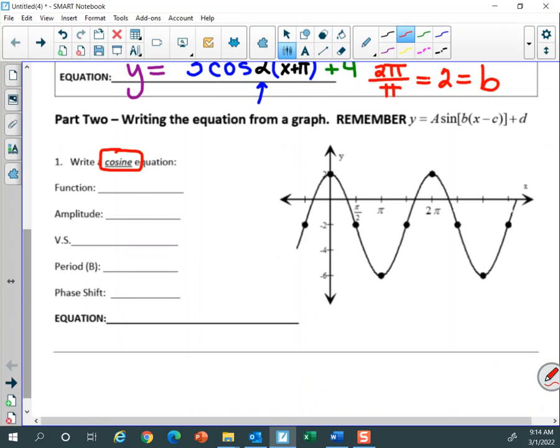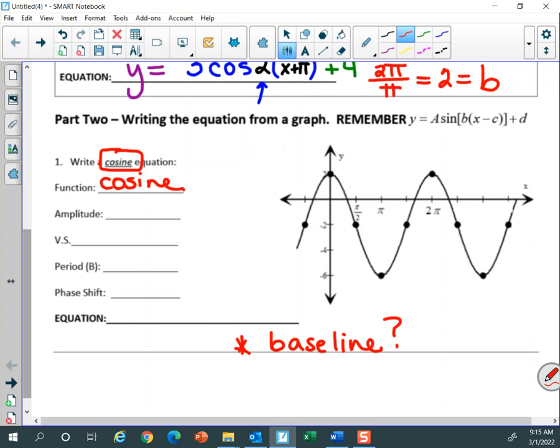So when I look at a cosine equation, actually, whether I look at a sine or a cosine equation, the first thing, so we're going to write cosine right here, the first thing I'm going to look for is, where's my baseline?